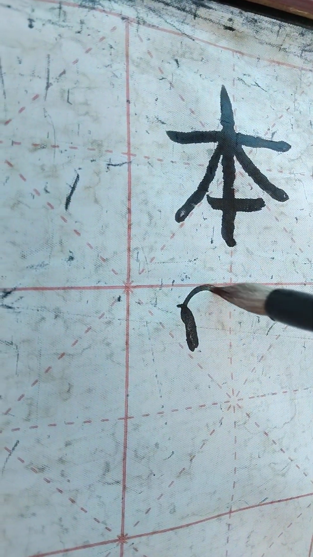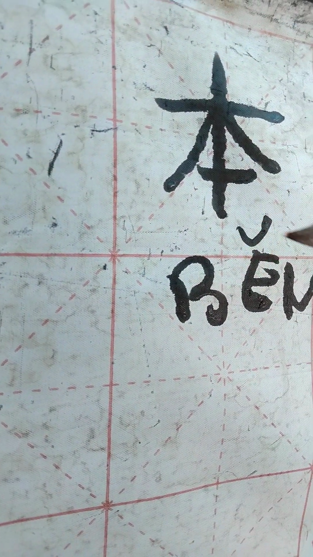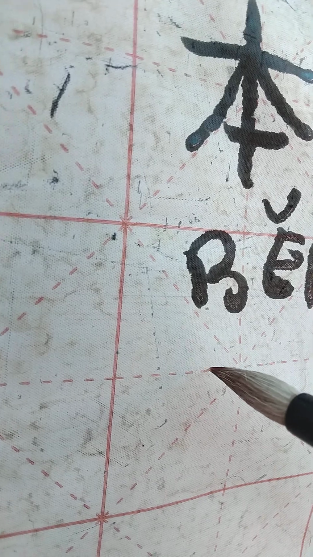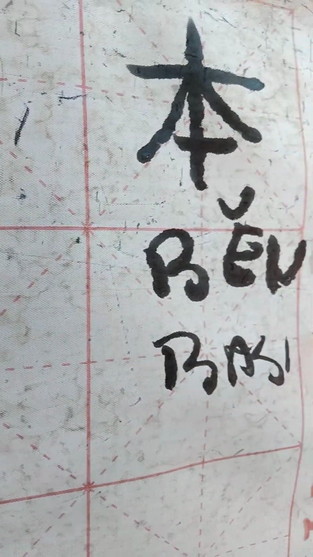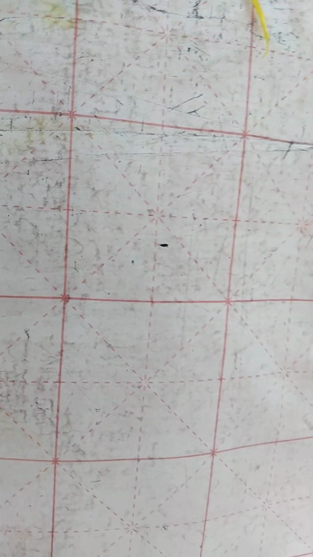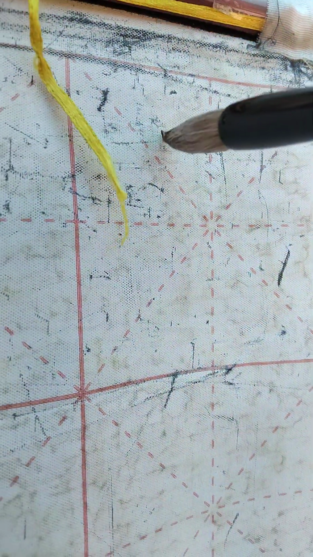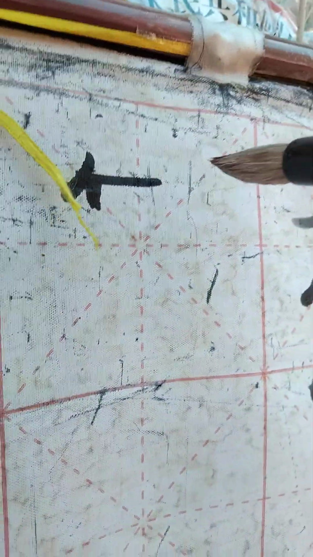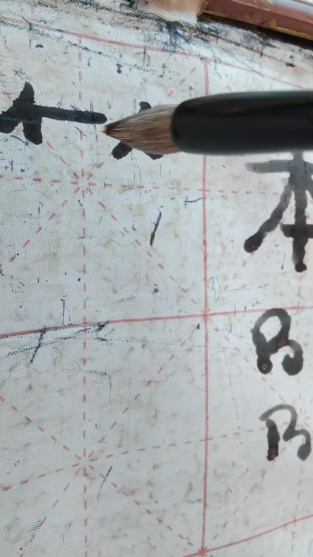And that's Bun in the third tone, and it means basic, base. And the other word, Bun, is in the fourth tone. I'm gonna write it here, right next to it. And remember what I was telling you guys about radicals? These radicals up top stand for bamboo.